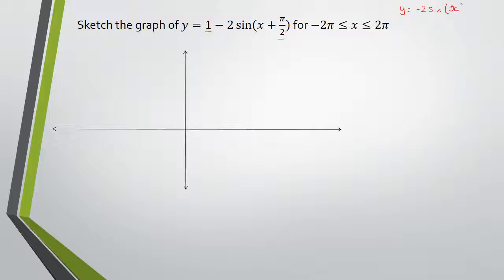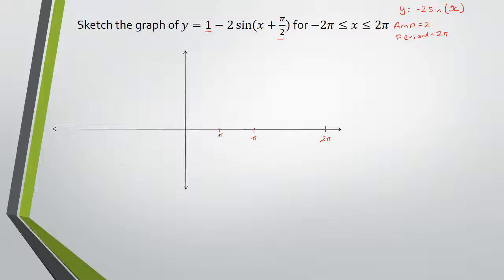We'd just be looking at the graph of negative 2 sine of x. For this graph the amplitude is 2 and the period is 2 pi. So I can divide from 0 to 2 pi into 4 sections.